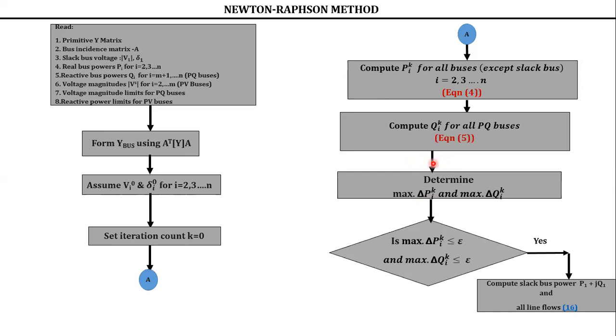What is this delta PIK, delta QIK? Power residuals. This delta PIK is known as change in real power at ith bus at kth iteration. This is how you should read. What is delta QIK? It is the change in reactive power at ith bus at kth iteration. This you are finding out before this one block, one extra block I said, you add it here.